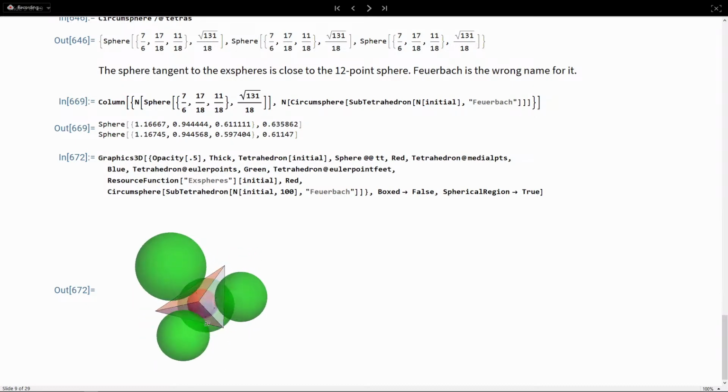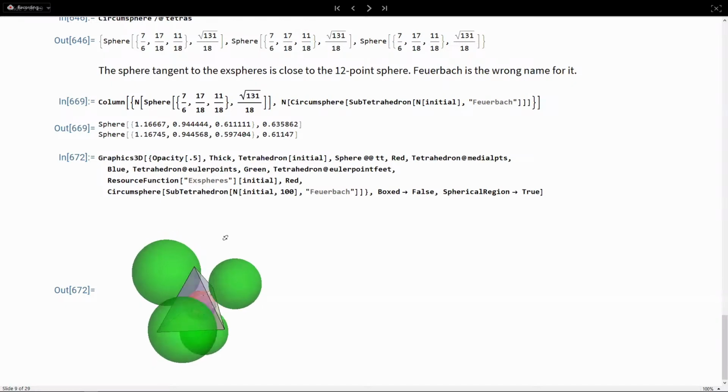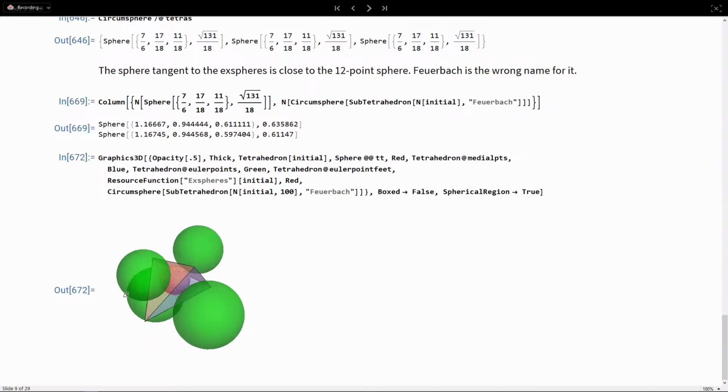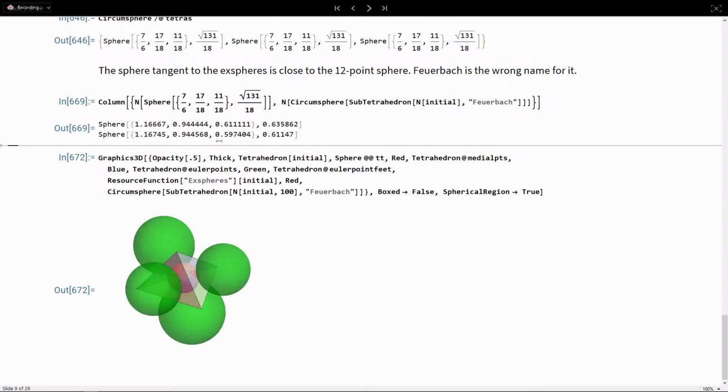Since there is no name for this sphere, I'm just calling this the Feuerbach sphere for now, which is tangent to the 4 exspheres. So there's extra points that we could make out of this, but I haven't done that yet.